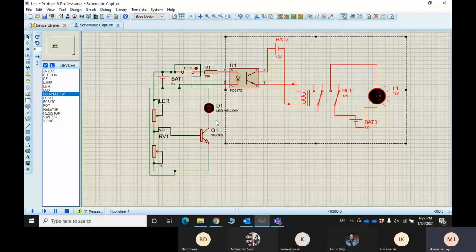I want you to drive this PC817 optocoupler using this transistor, and control the switching of the light using this LDR. Did you understand now?